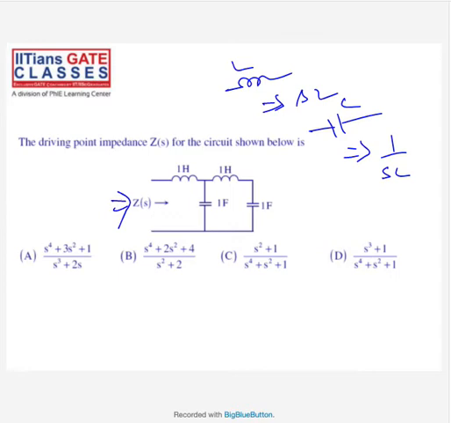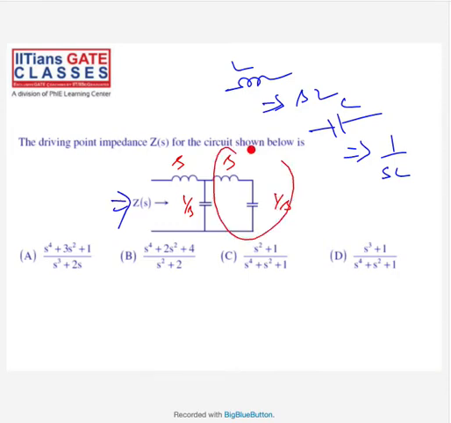So if you redraw the circuit, this is what it becomes in S domain. S, 1 by S and 1 by S. So S and 1 by S are in series.